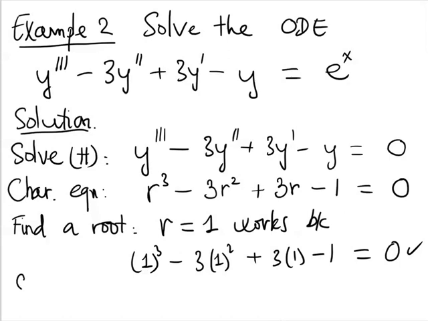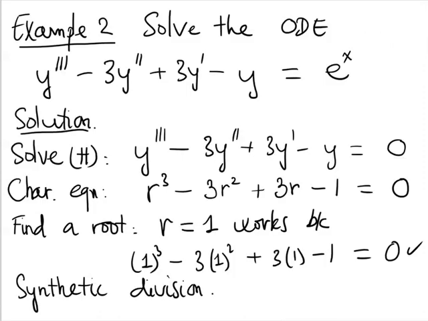So now we're going to use synthetic division. The equation has all the powers of r, so we don't need to fill in any missing powers. Set up the synthetic division.